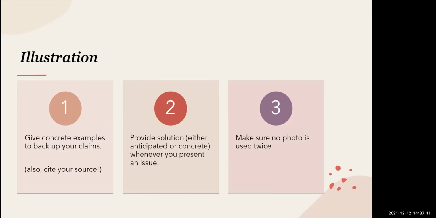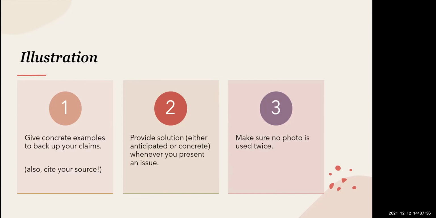So with every claim that we make, we need to back it up with a concrete example. And if we're using information or statistics from external sources, we need to cite the source.